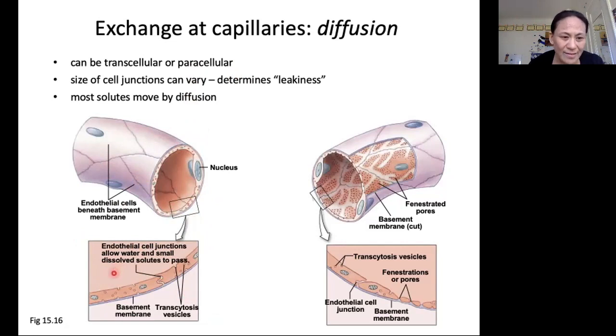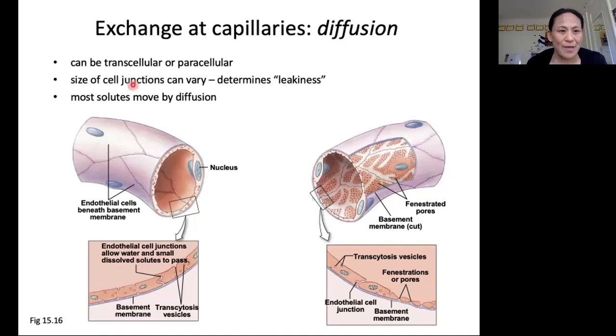The way we would do that is if we pretend my laser pointer is a solute diffusing across the capillary wall, it would just diffuse through this endothelial cell, through one side of it, and then through the other side of it, and out to the surrounding tissue, or vice versa. If it were going paracellularly, it would avoid going through the cells. It would go in this space right here that lies between those endothelial cells, okay?